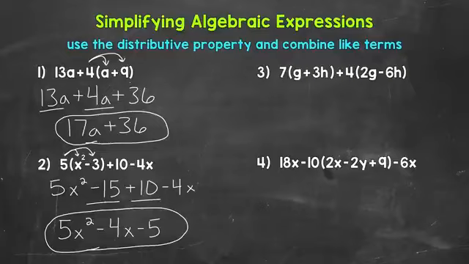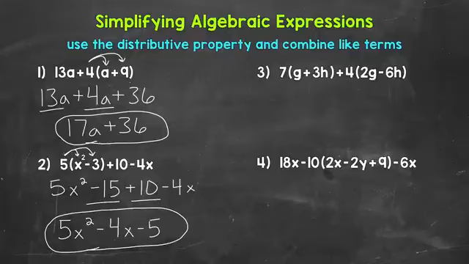Now, I do want to mention, as far as how this simplified expression is written, typically speaking, when writing expressions, the greatest exponent comes first, so greatest to least. If exponents are the same, go in ABC order. Constant terms go last. So we have 5x squared. The exponent of 2 comes first because that's the greatest exponent.